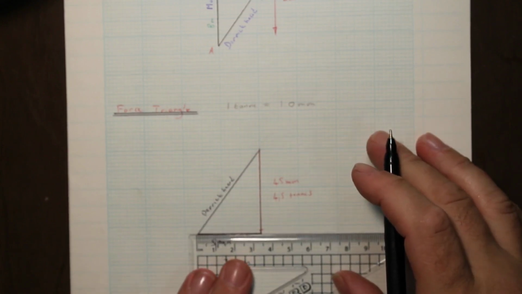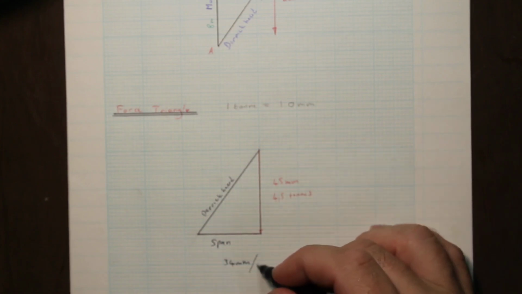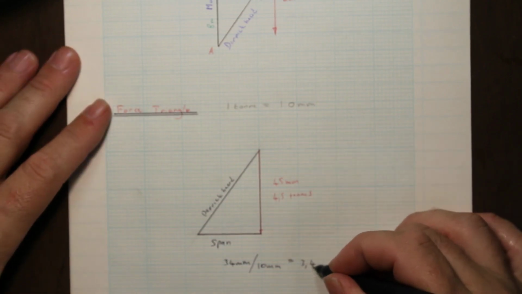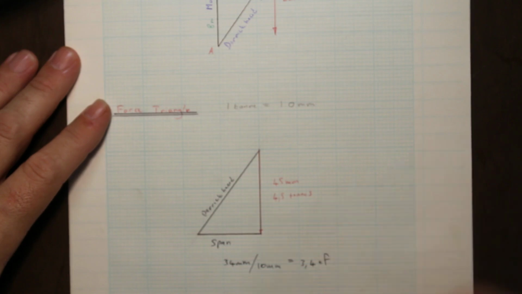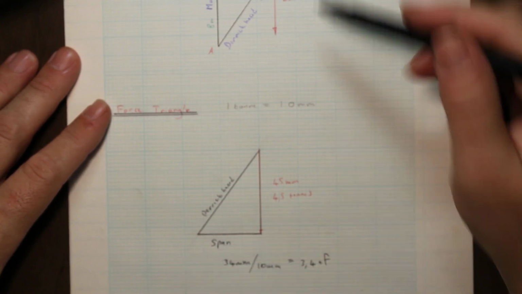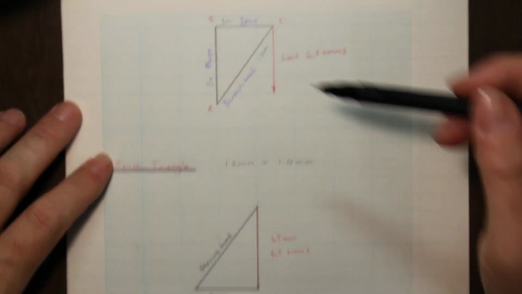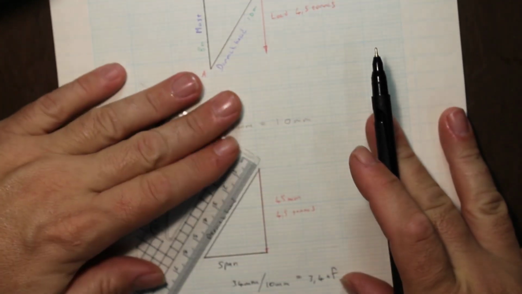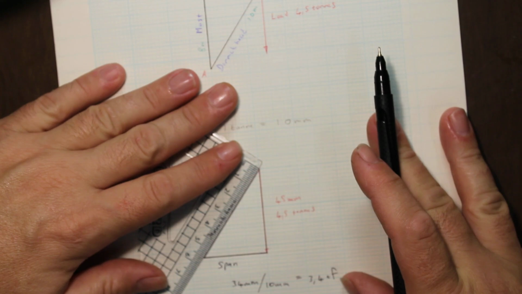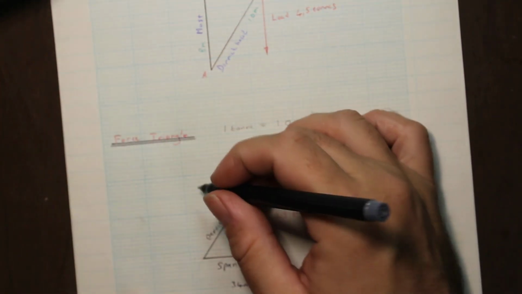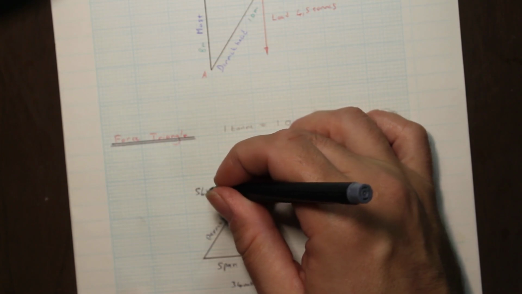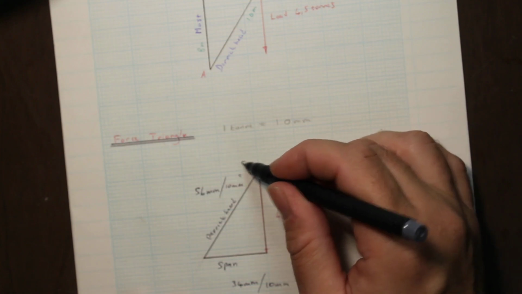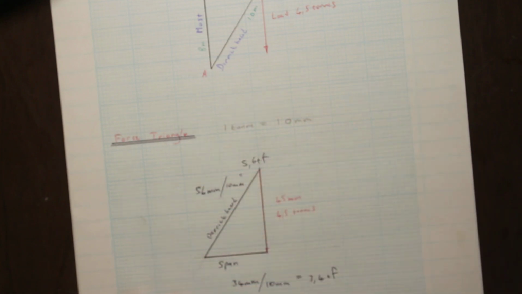Let me check that. 34 millimeters divided by 10 millimeters, and I'm going to get 3.4 tons of force. So in the span up here, there's 3.4 tons of force. And in the derrick head, let's see what's in there. I measure that, and that gives me 56 millimeters. I divide that by 10 millimeters, and I get 5.6 tons of force.